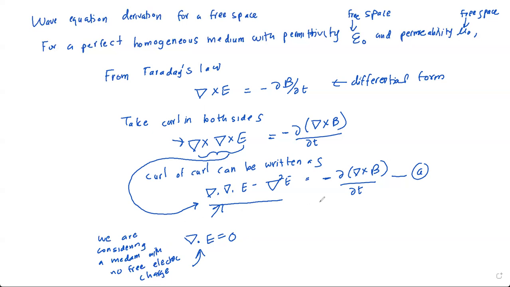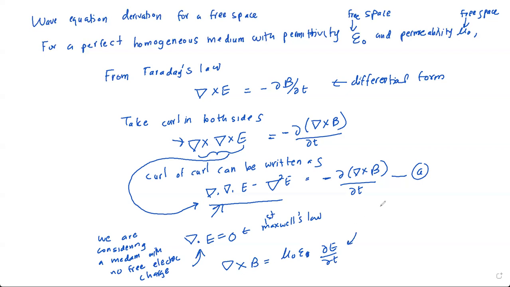Apart from that, we also take another equation to help us, which is the curl of B equals mu naught epsilon naught times the partial derivative of E with respect to t.